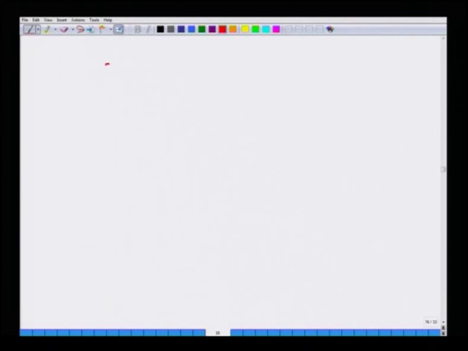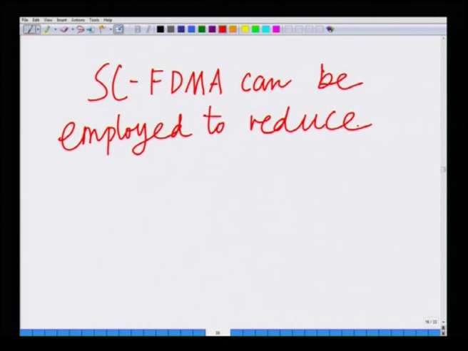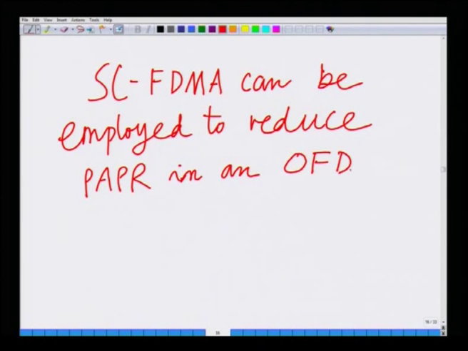So, SC-FDMA can be employed to reduce PAPR in an OFDM system.